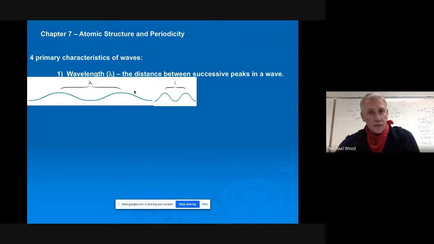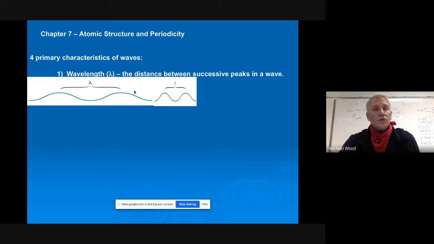So again, it's about atomic structure and periodicity. So we're going to, again, really connect atomic structure, mainly about the electrons and the electrons arrangement outside the atom to the periodic table, to be able to predict the periodic table. But we're going to start off talking about a topic that is more of a physics topic, which are waves.